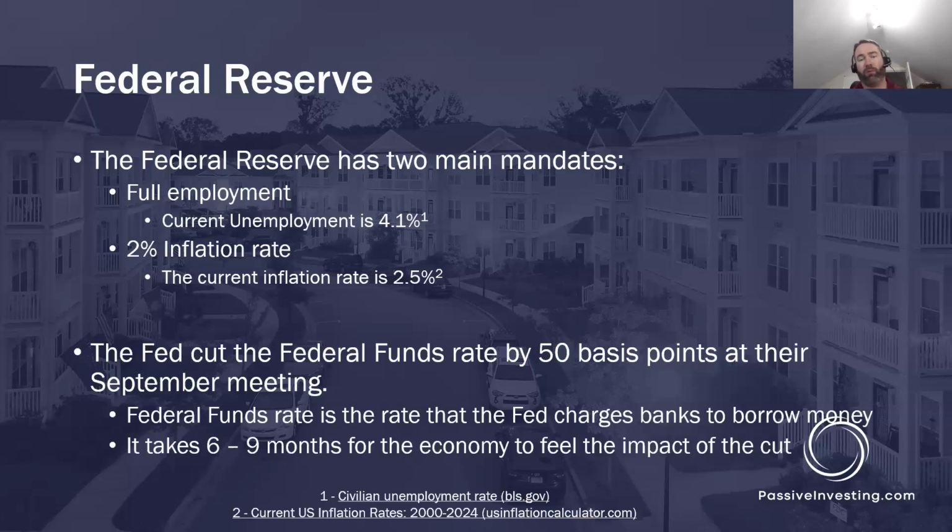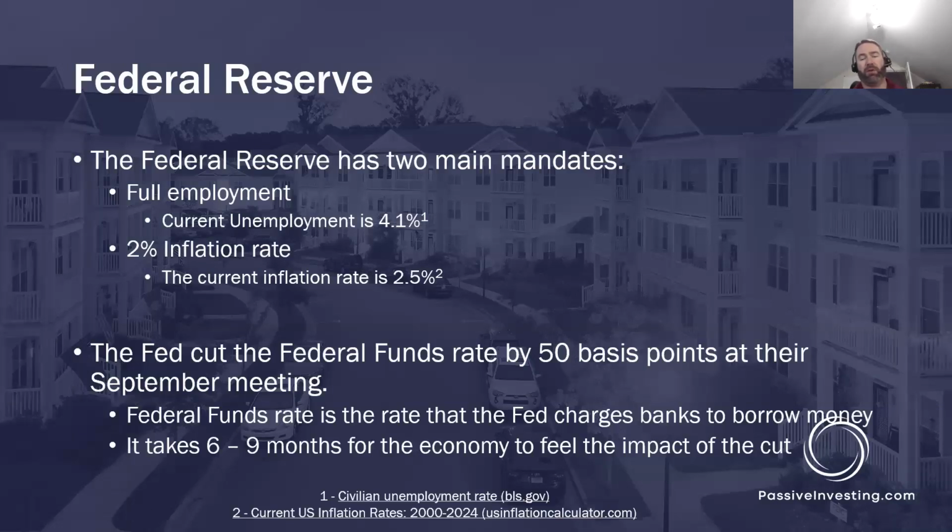Recently, as everyone on this webinar is aware, the federal funds rate was reduced by 50 basis points at the September FOMC meeting. People were expecting just a 25 basis point decrease, but they pulled out all the stops to go to 50 basis points.